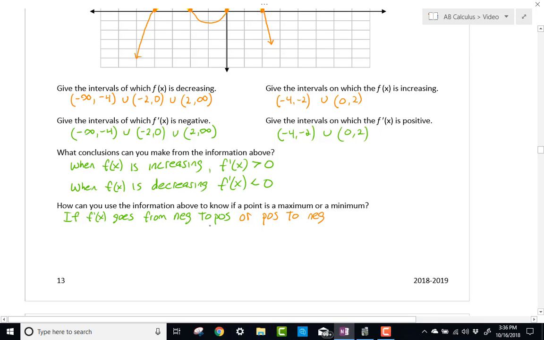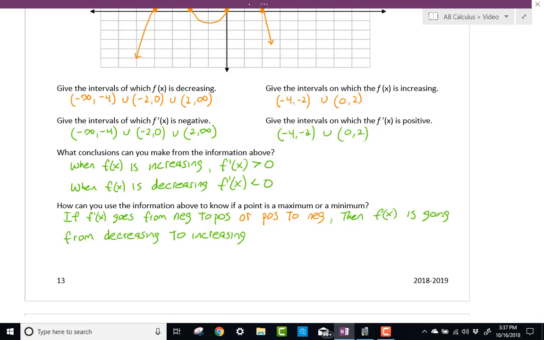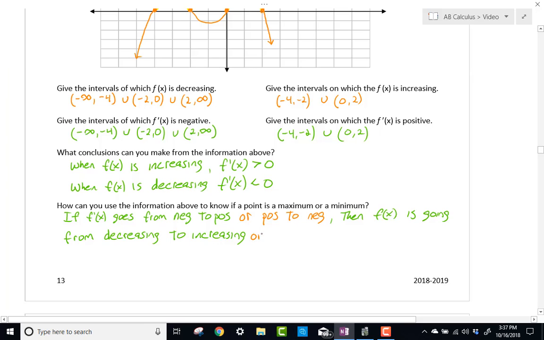So if f prime of x goes from negative to positive, then f of x is going from, if f prime of x is negative, we're decreasing, so we're going from decreasing to increasing. Okay, if f prime is going from negative to positive, then we're going from decreasing to increasing. Or if we're going from positive to negative, then we're going from increasing to decreasing.